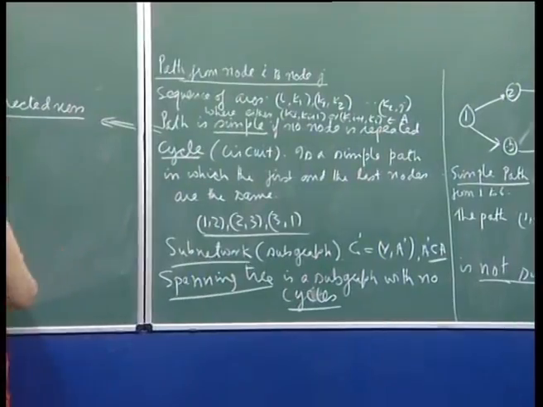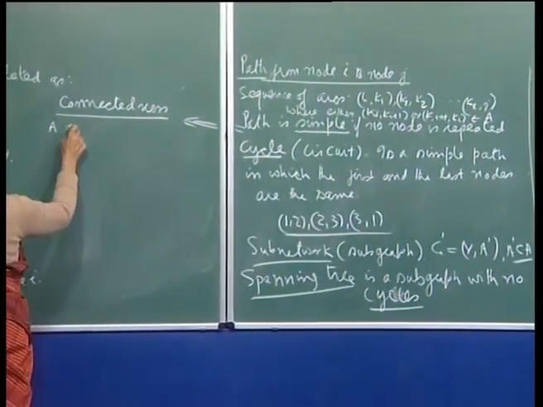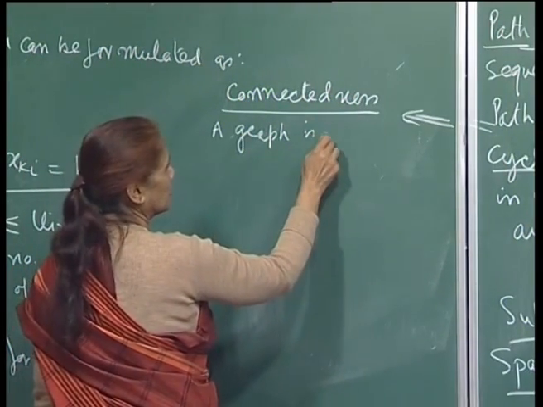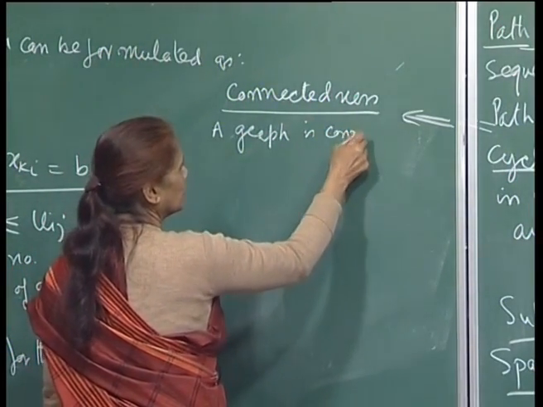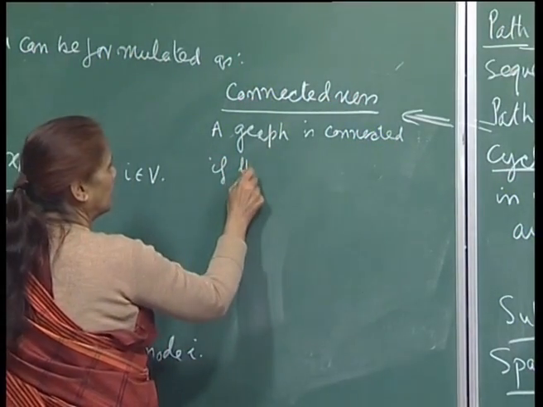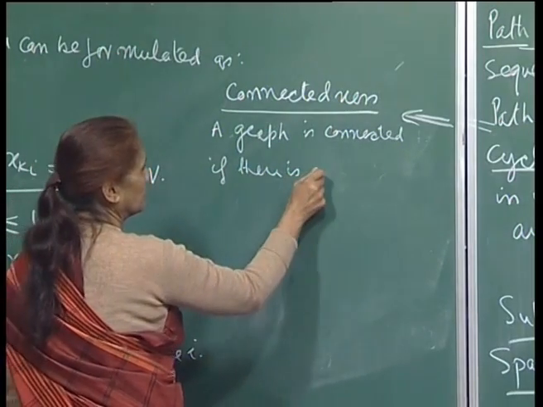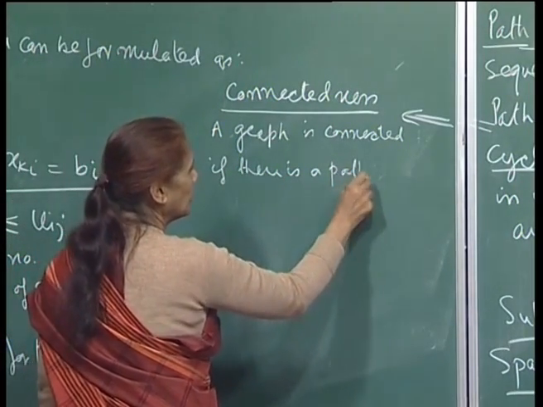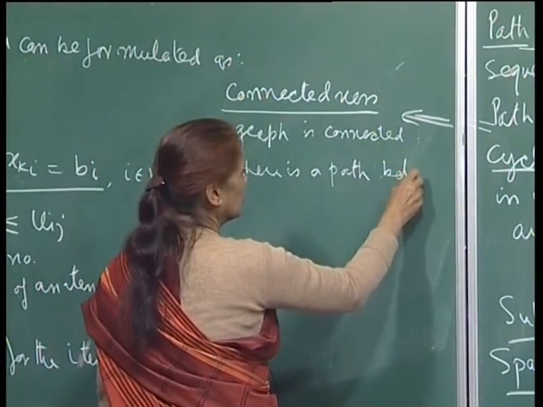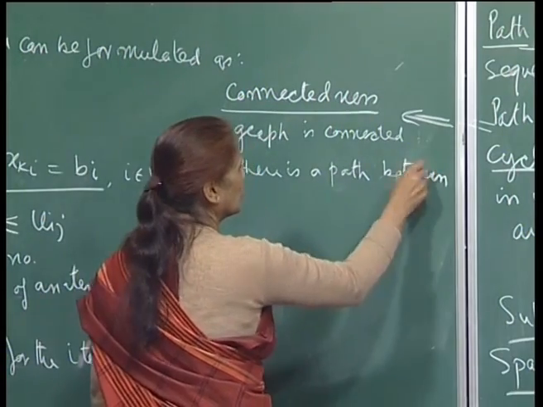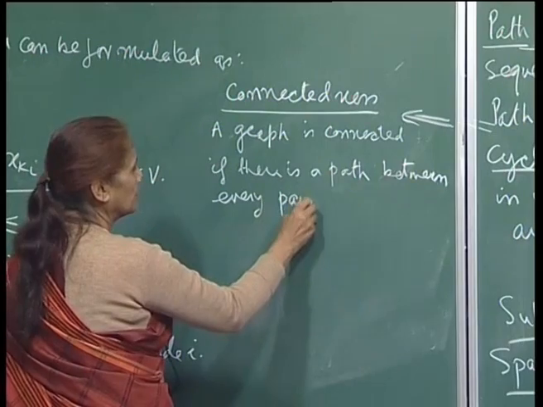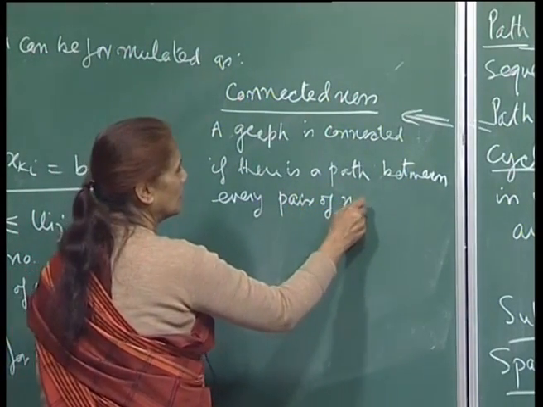A graph is connected if there is a path, and remember, when I say a path, I mean a simple path. If there is a path between every pair of nodes of G.